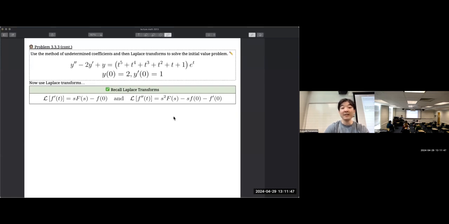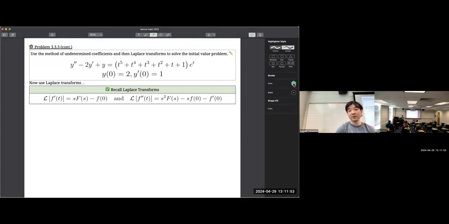So the idea is that I'm going to take our equation and Laplace transform it, like we just did before. Okay, so let's do that.